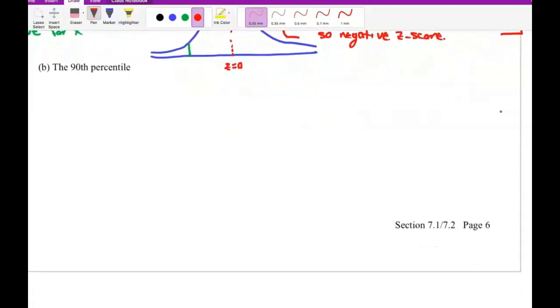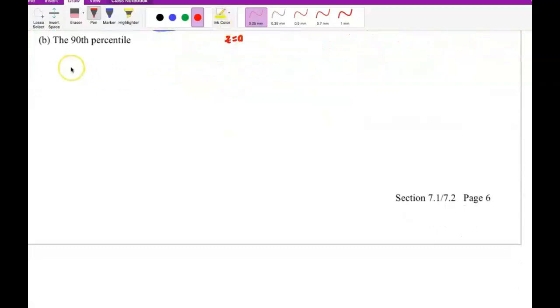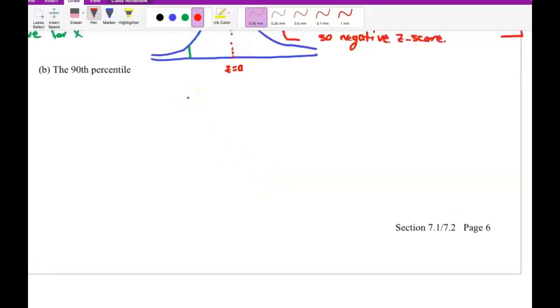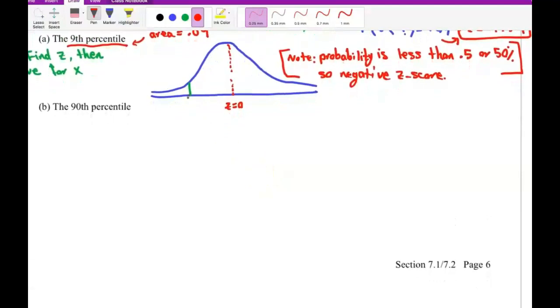Okay, now part B. On this part we have 90% because it's the 90th percentile. So here the 90th percentile is area equal to 90%. In this case, probability is greater than 0.5 or 50%.